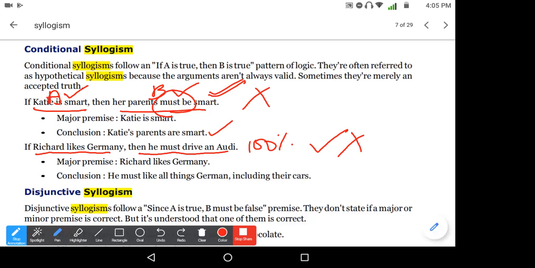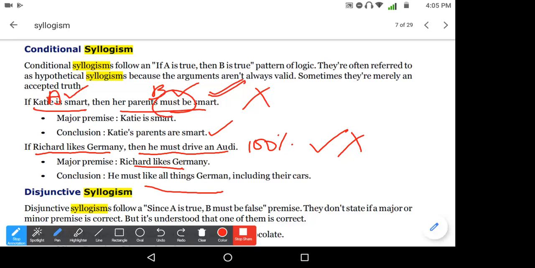So what can you conclude here? You can conclude saying Richard likes Germany. He must like all things including cars. So we are giving an option. He's liking all things including car. We are not saying he is driving an Audi.